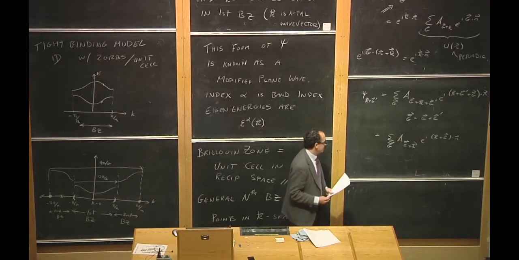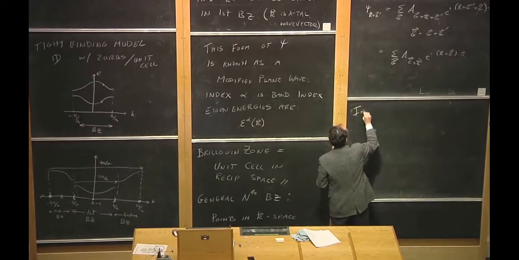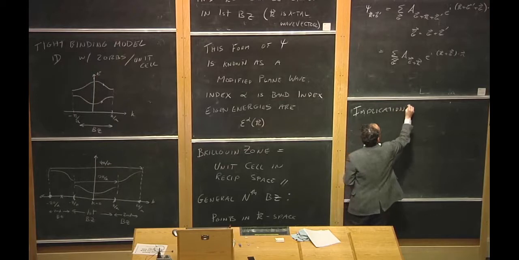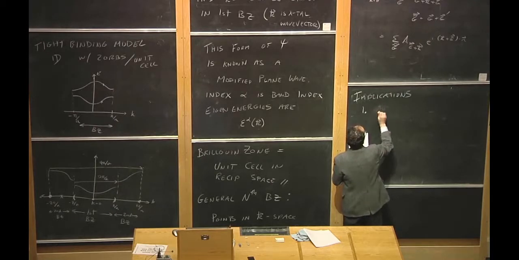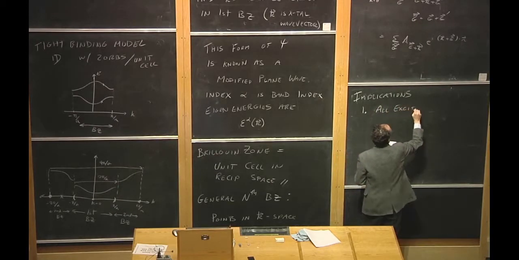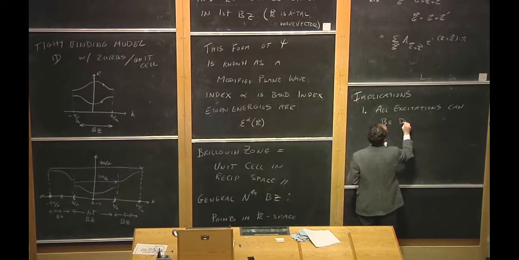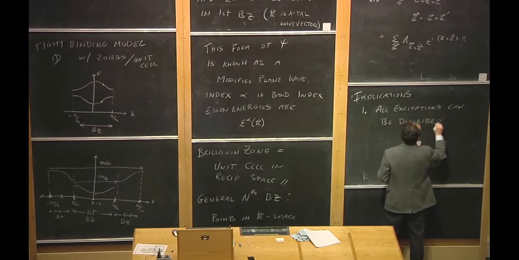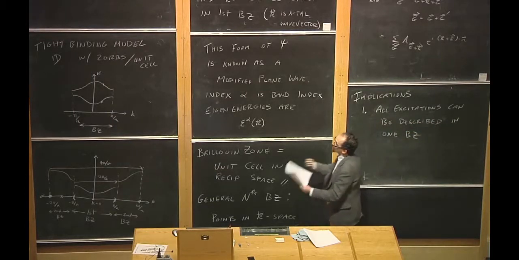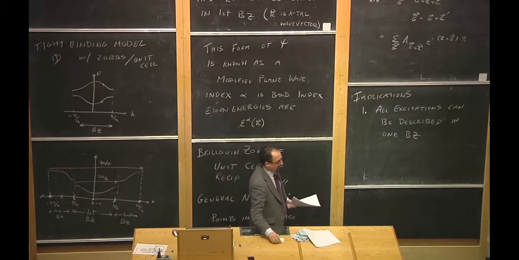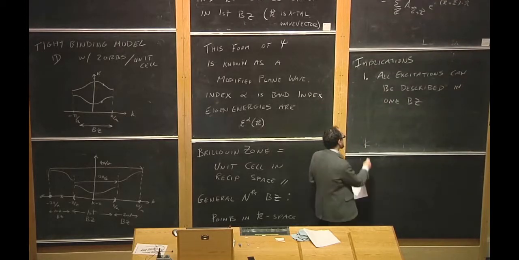So the implications of this theorem, which is viewed as so important, are: one, all excitations can be described in one Brillouin zone, because whenever you go outside of the Brillouin zone, you can just shift by a reciprocal lattice vector to get back into that Brillouin zone. So that's an important statement.